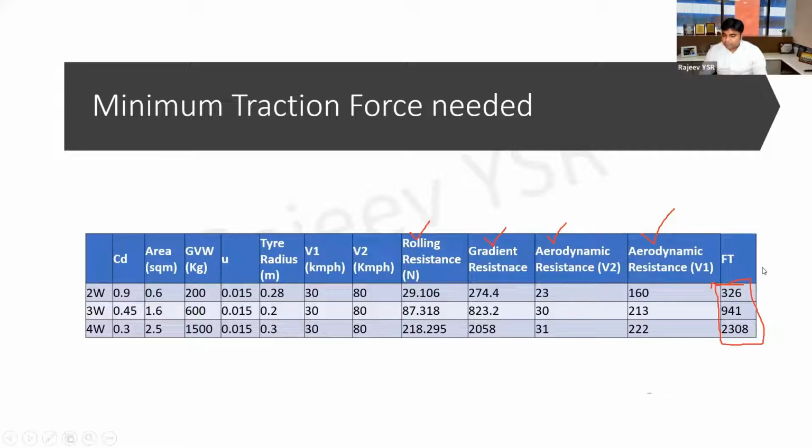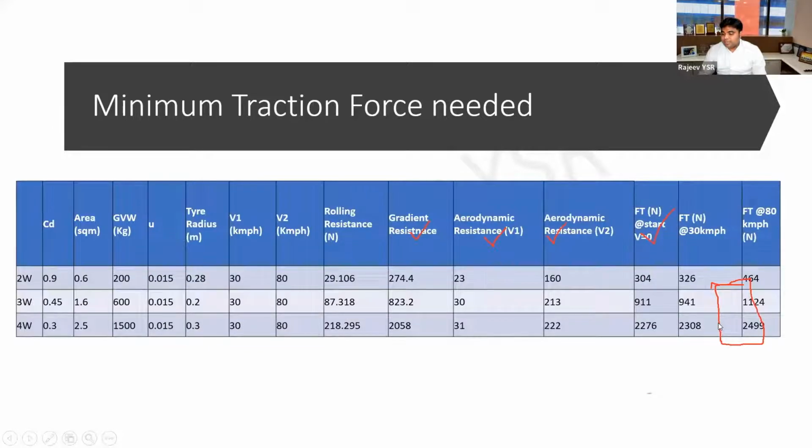This traction force at 30 kilometers per hour, you add this up, 30, 23, 53, and it is roughly 326 newtons. Similarly, the traction force required would be 941 and 2300. So that's the traction force.